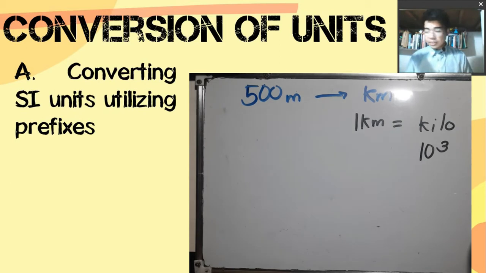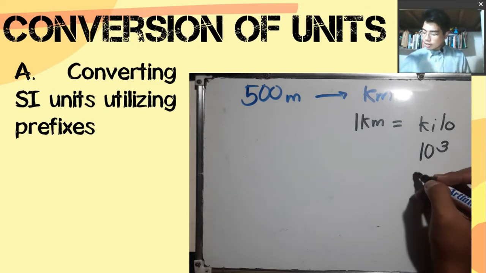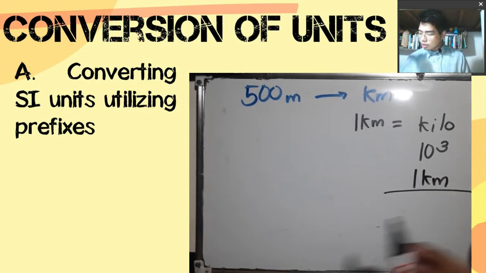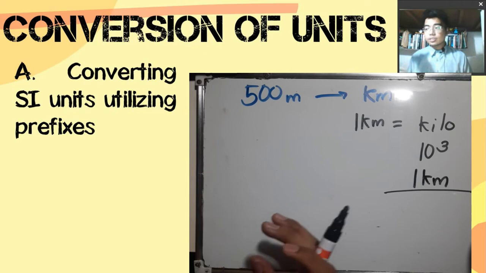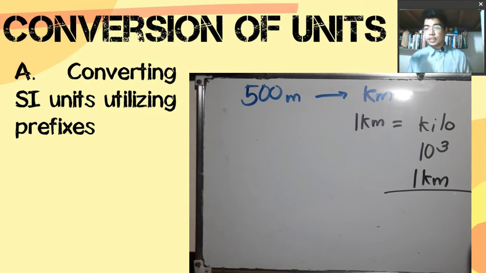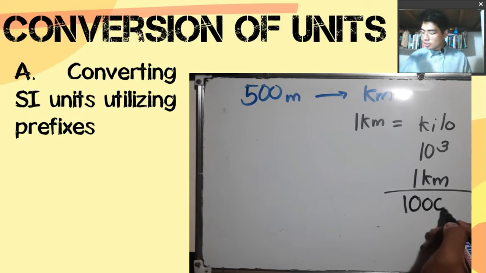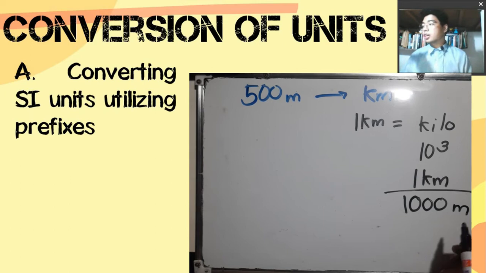So it simply means that in every 1 kilometer, we have 10 raised to 3 meters, the addition of 3 zeros, then adding the base unit which is meter. This is now the value of 1 kilometer.